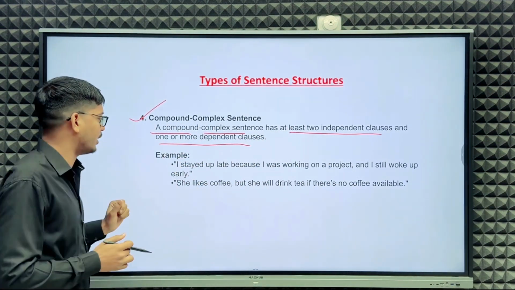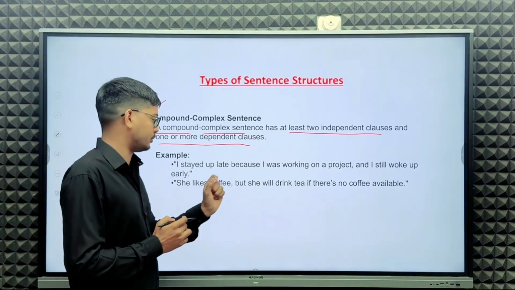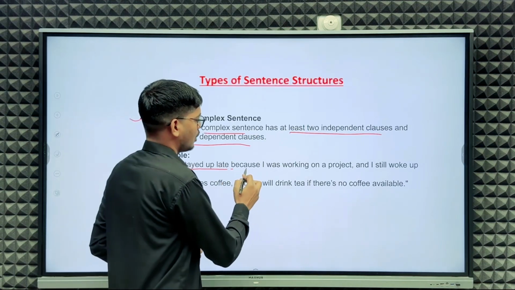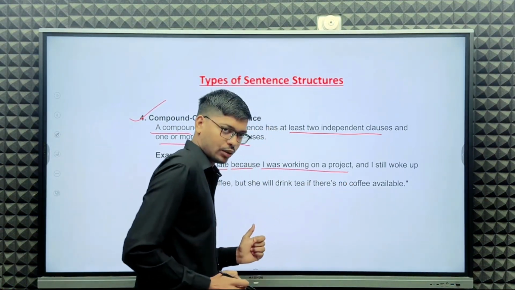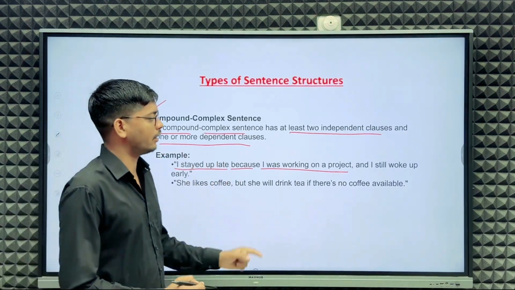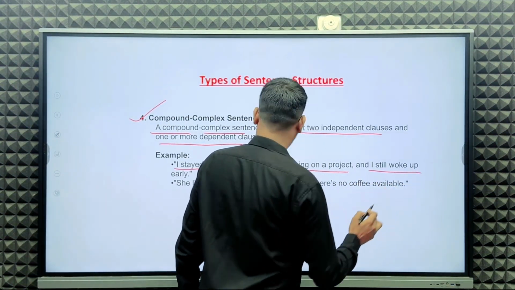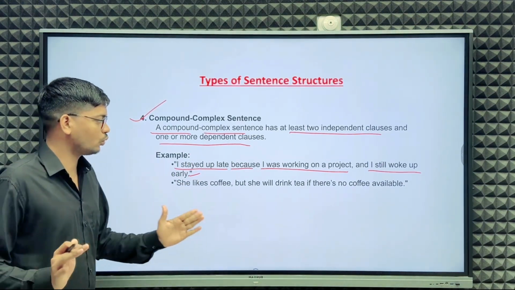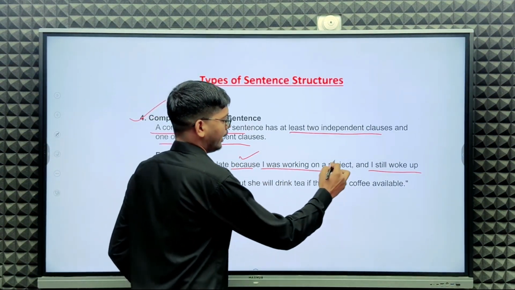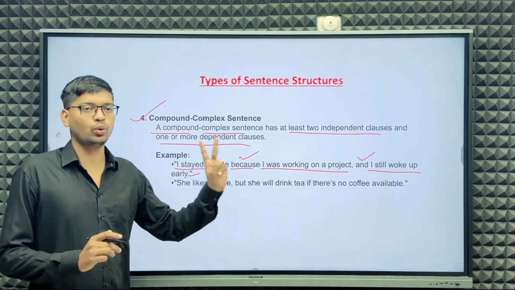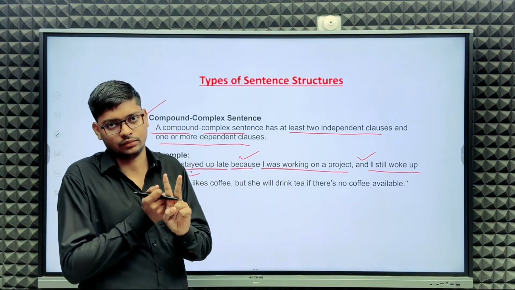Okay, example here: I stayed up late because I was working on a project, and I still woke up early. So, you know, there are two conjunctions here.